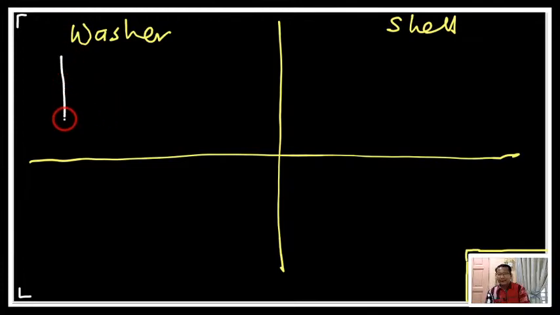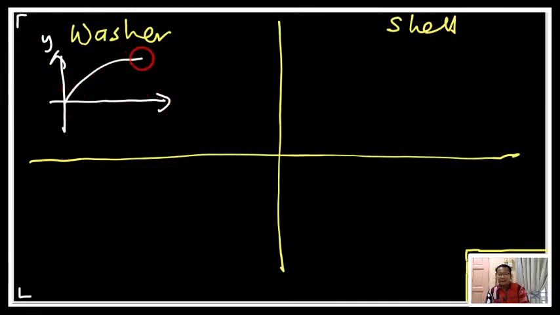So you have the same graph, y equals sec x, and this one, and this one. Okay, washer is when you rotate this region about the x-axis.